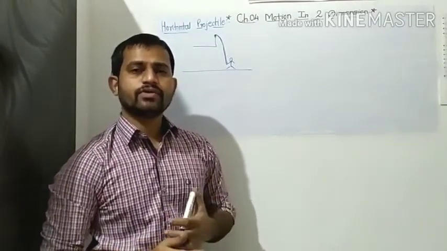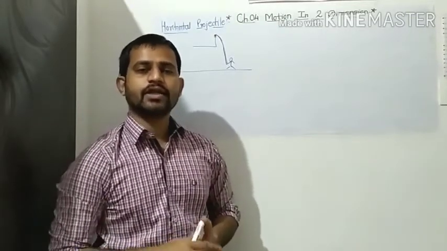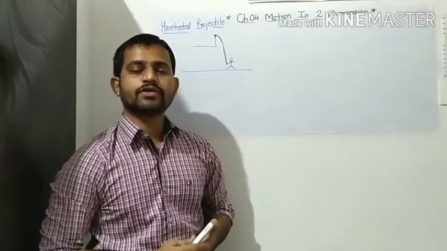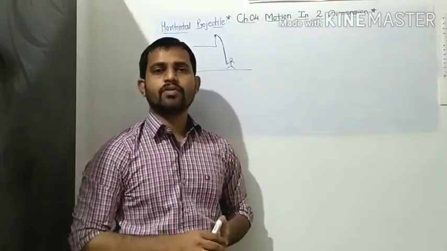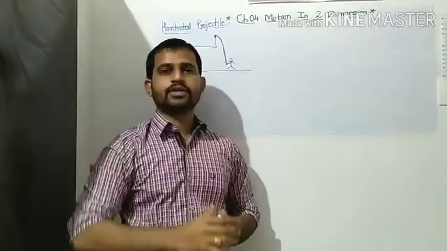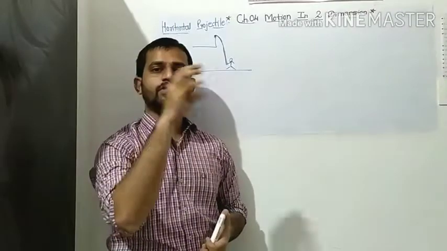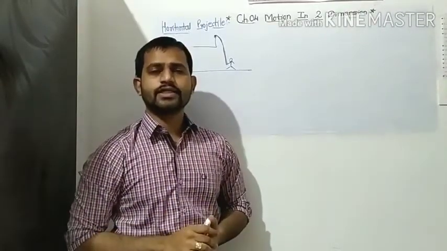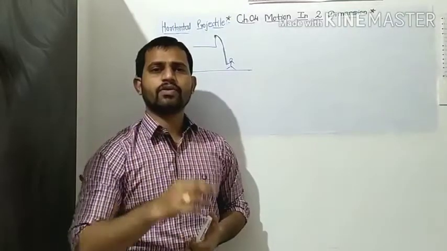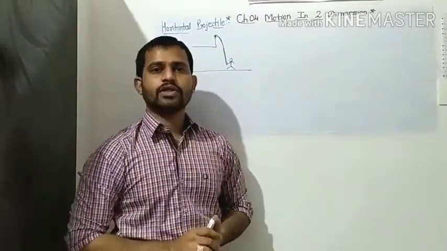Whenever we throw any object in the direction of gravity, that object follows horizontal projectile motion. Suppose you throw a ball from the terrace to the ground. When you throw the ball, it is initially at rest, and then the ball drops down on the ground.